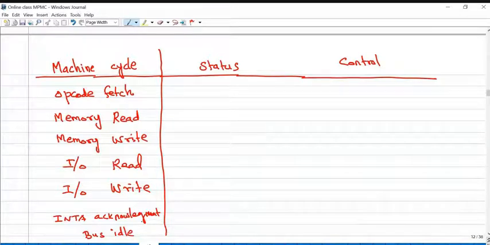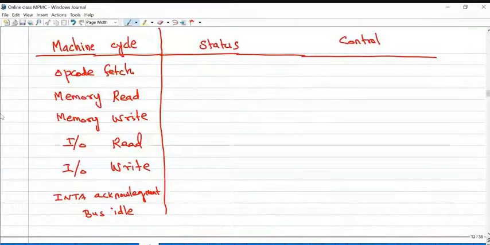So these are the total possible machine cycles. If you execute any instruction, it may involve one or more of these machine cycle combinations. In today's class, I'll cover opcode fetch, memory read, memory write, IO read, and IO write.